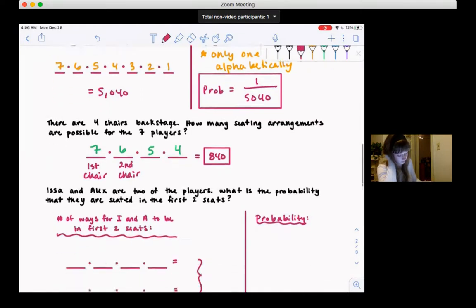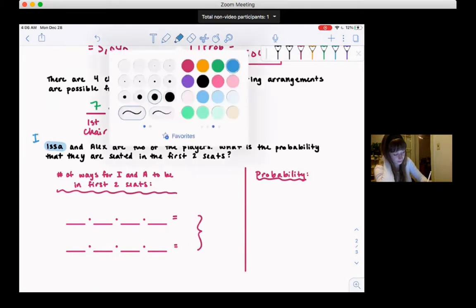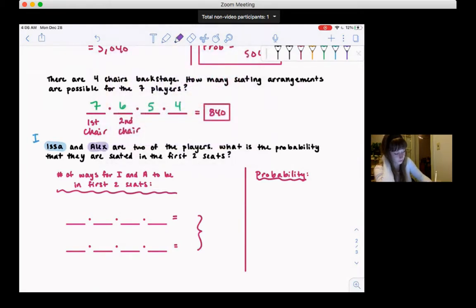Now let's say Isa and Alex are 2 of the players. What is the probability that they sit in the first 2 seats? So let's say Isa is I, and Alex is A. They have to be in the first two seats.